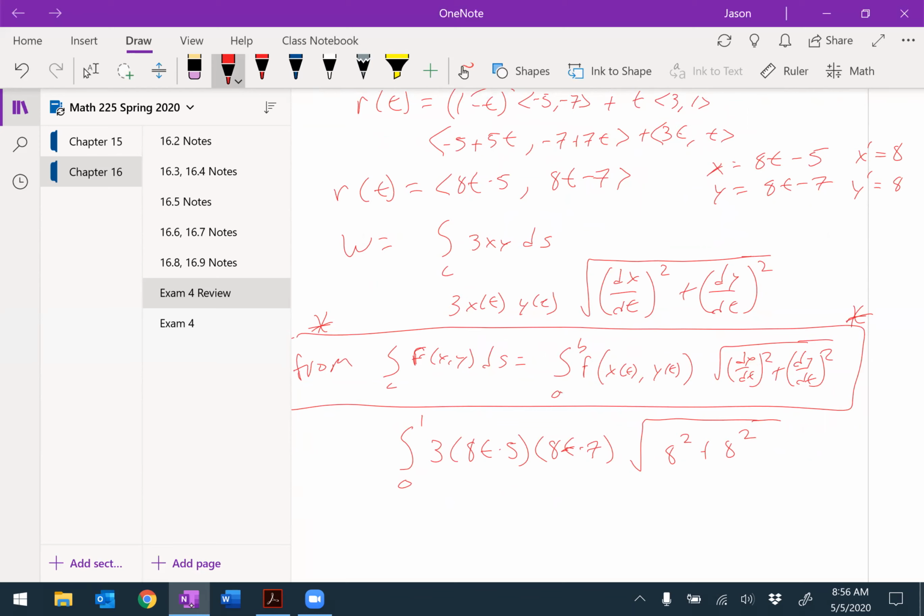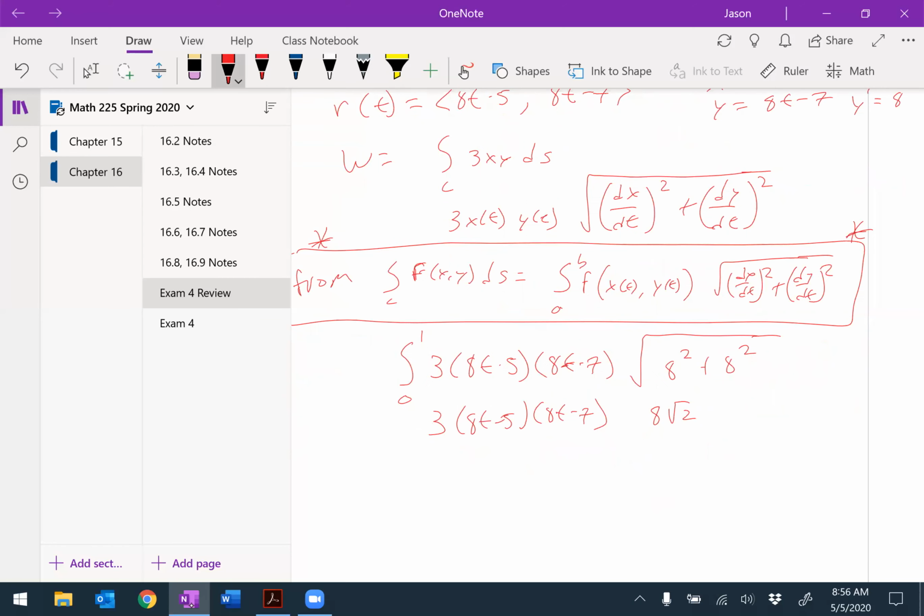Take the square root of that, and it becomes 8 radical 2. I have this 3 on the outside, 3 times 8t minus 5 times 8t minus 7. So I'm going to pull out the 24 radical 2 in the front, and multiply out 8t minus 5 times 8t minus 7, and this is all dt now.